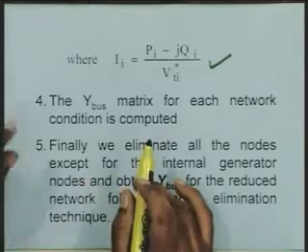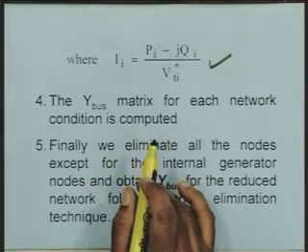The internal voltage which you compute will have its magnitude and phase angle, and this phase angle which you get becomes the initial value of delta. And the magnitudes will remain constant during the transient.